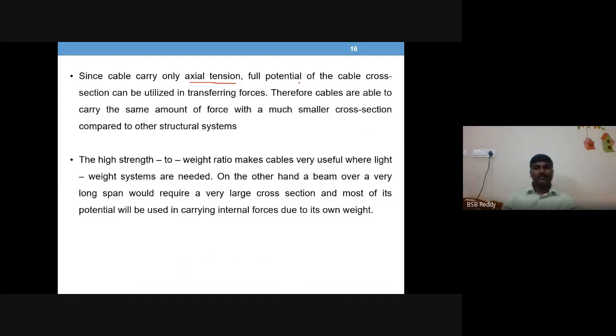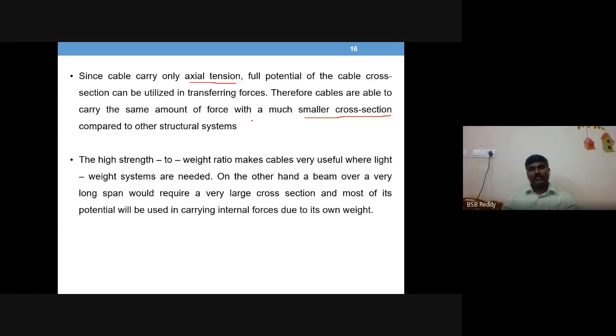Okay, so this you might have heard in strength of materials. What happens to the stress development in case of beams when compared to axial tension or axial stresses? Therefore, cables are able to carry the same amount of force with a much smaller cross section because more material is involved in stress resistance.